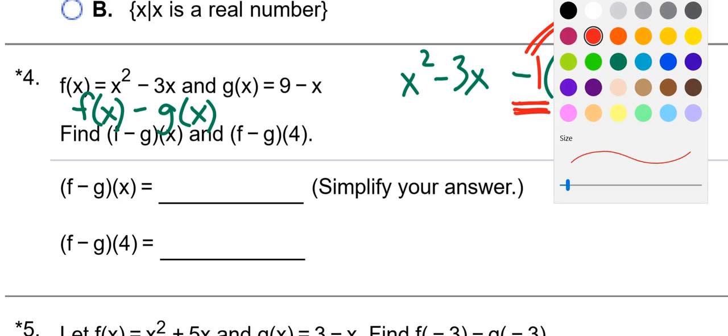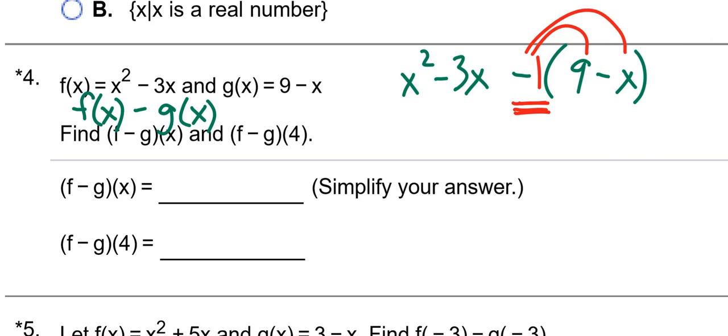Now, just down here below, I'm going to write this in blue. We start out with x squared minus 3x. When we distribute this negative 1 to the 9, what number does that create? Negative 9. Is that a like term to either one of the terms I've written down in blue?